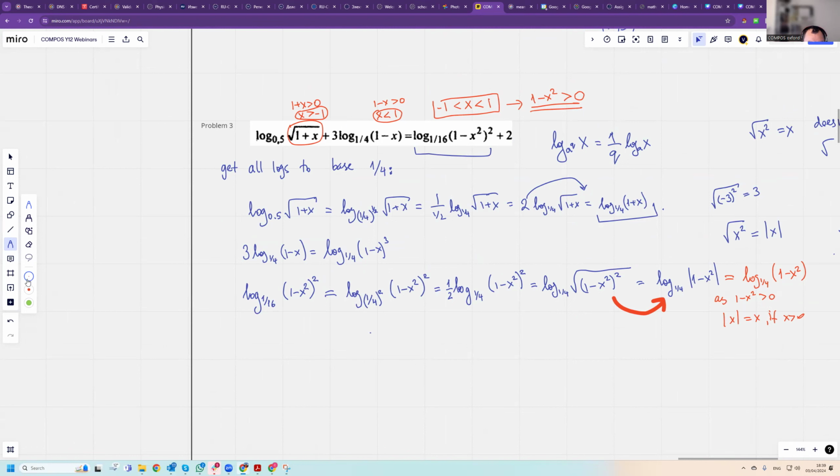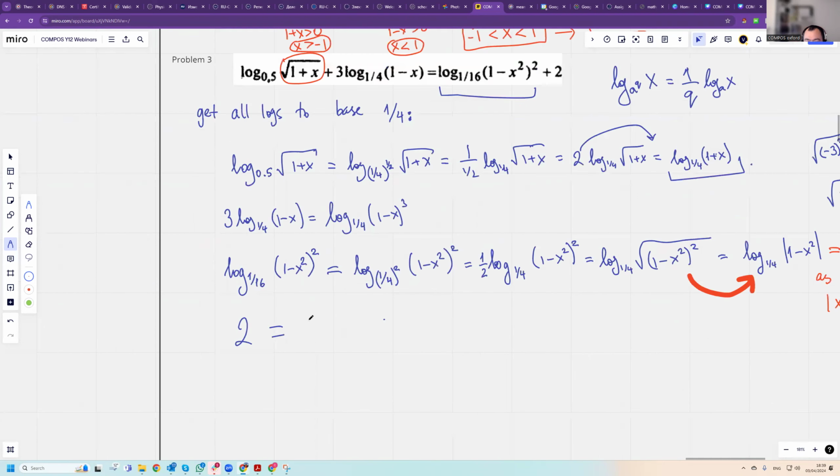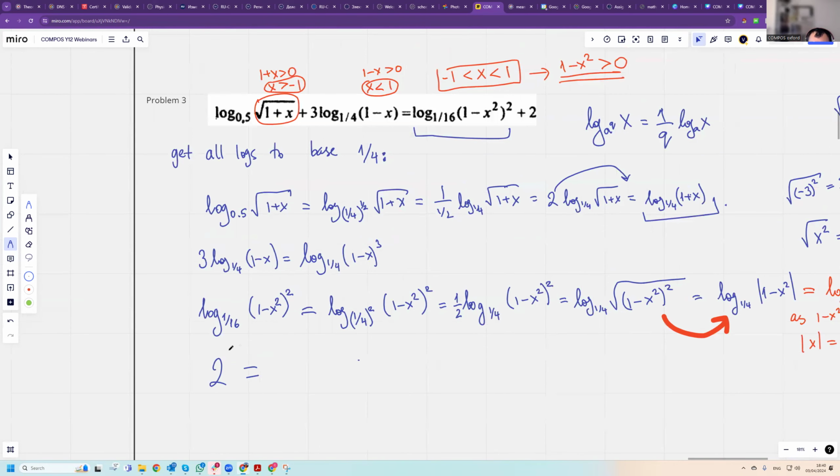And finally, the 2. The 2 can be written as a log. And let's do it the following way. I'll just write it as a log.